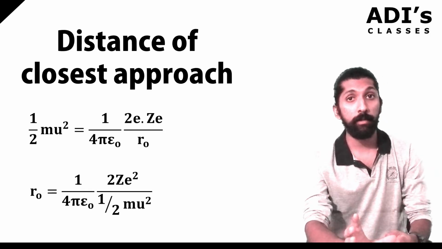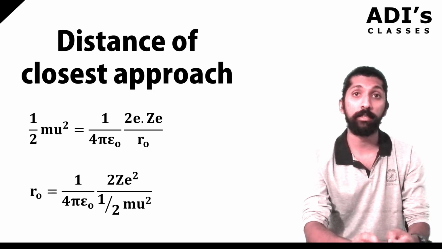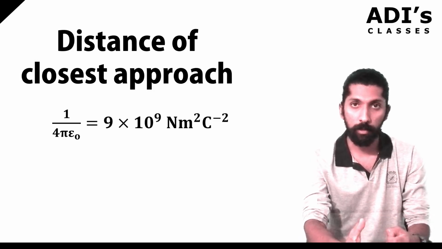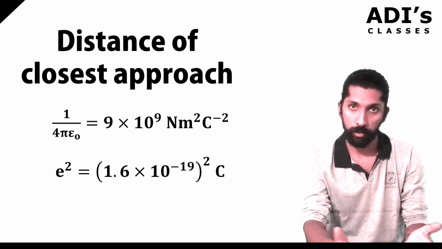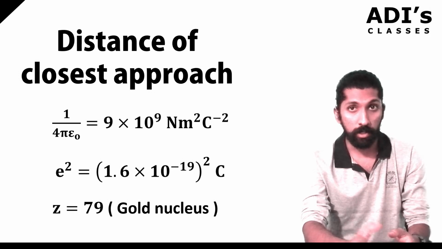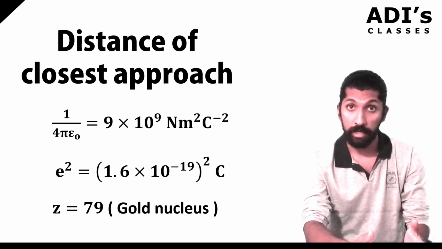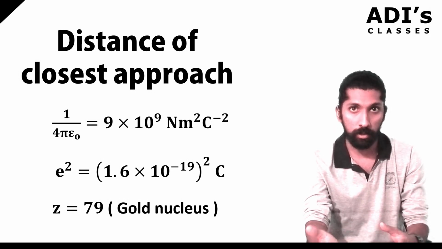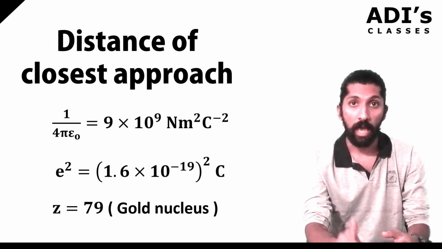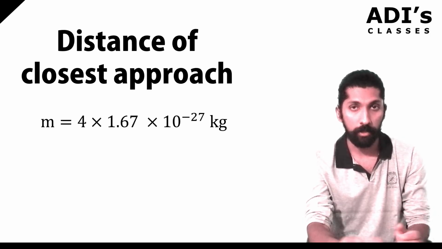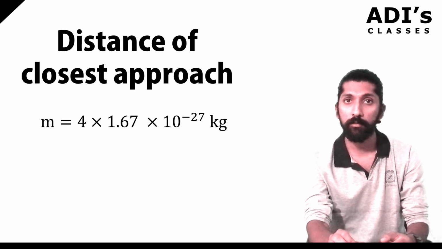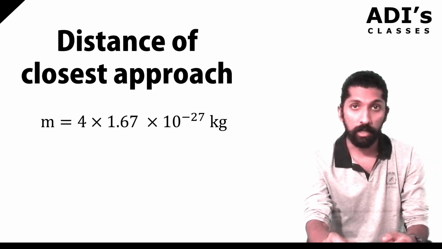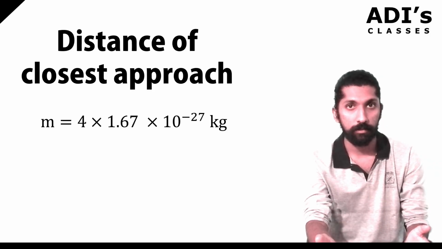Here, what are the parameters we need and what do we already have? 1 by 4 pi epsilon naught is a constant, we know that. e square is a constant. Z we know because it is a gold nucleus. m we know, the mass of the alpha particle. The only thing we need to figure out is the kinetic energy of the alpha particle.